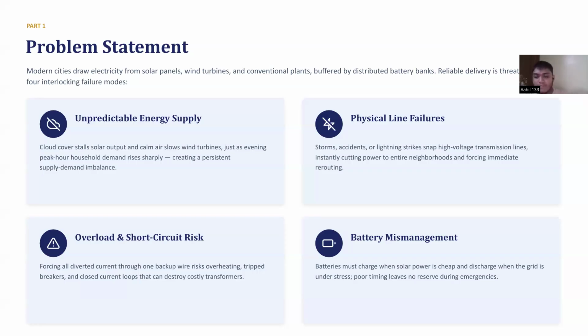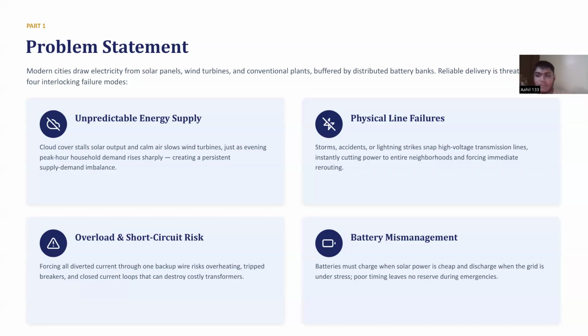The second one is physical line failures. So we know that a storm, an accident, or a lightning strike can snap a high voltage transmission line. And when that happens, every neighborhood on that line instantly loses power. So this will require rerouting.